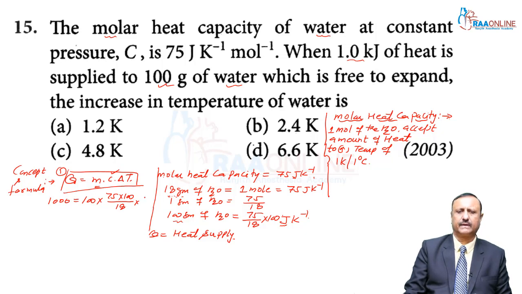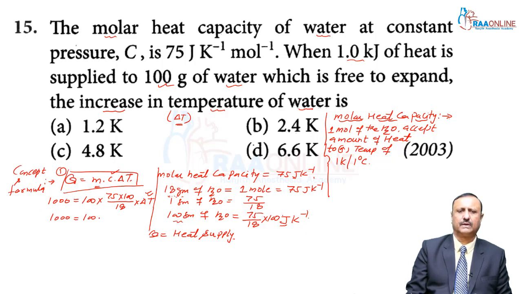We can calculate delta T, because in this numerical he asks for the increase in temperature of water. Delta T is the increase in temperature. So we can get all the values and solve very easily.